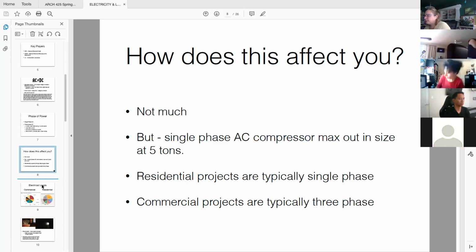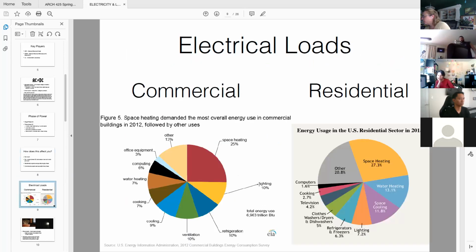Okay, last thing about straight up electricity is to throw in the sustainability aspect and looking at your total building loads and where your usage is going to go.